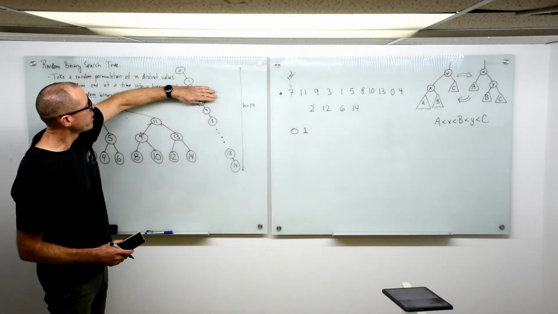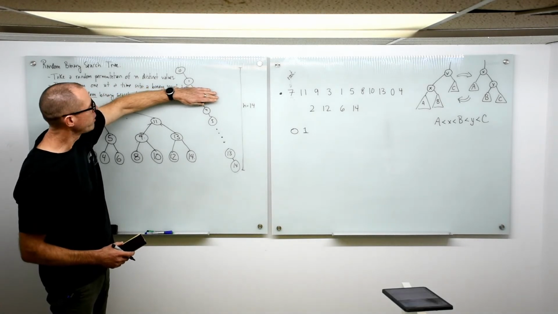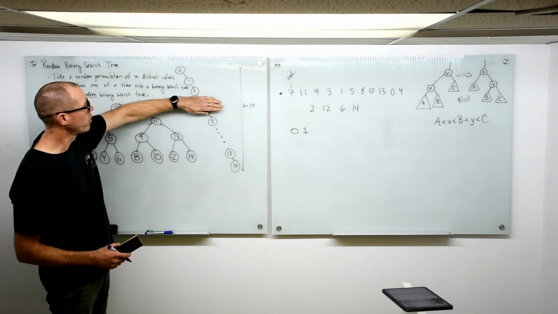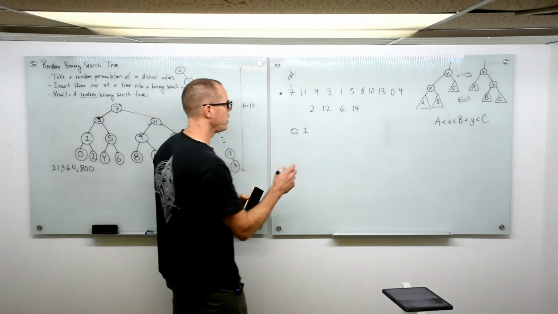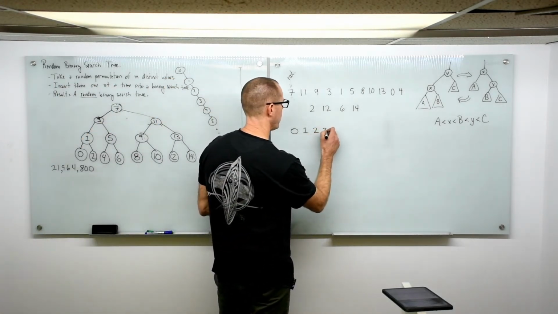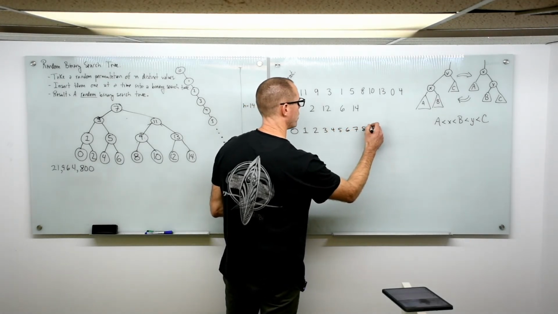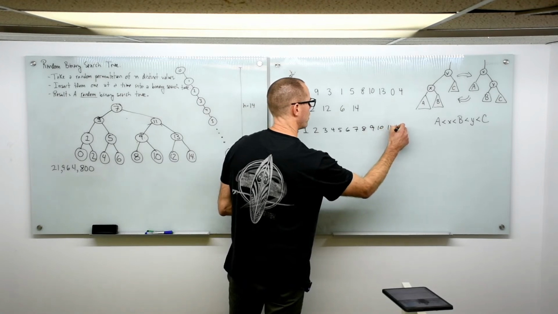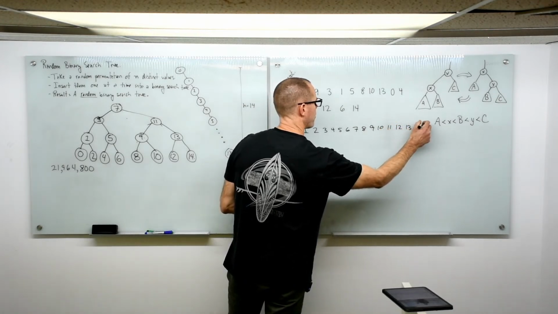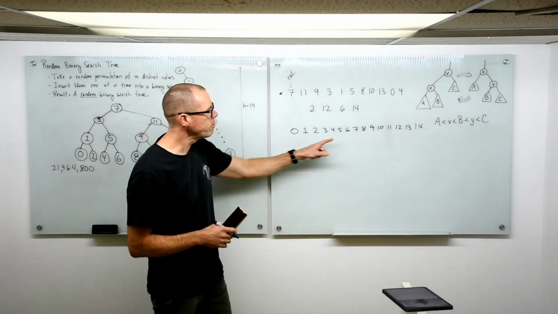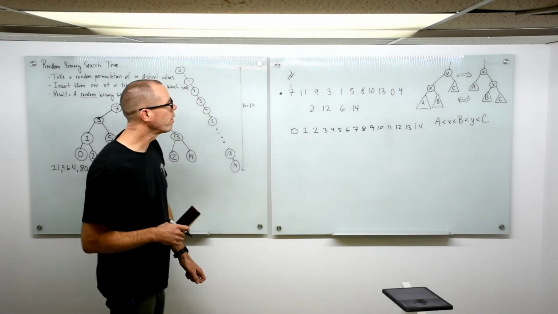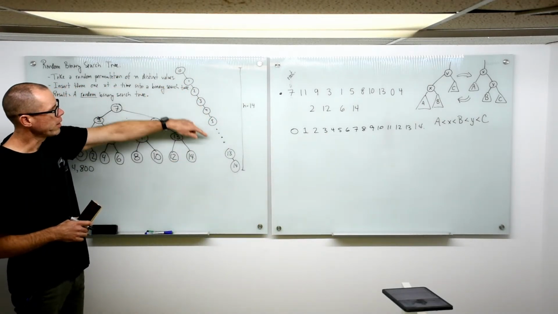And now we have this tree that has 0 and 1. And the only thing that's left to attach to this tree at this point is a 2. And so you see that if I want to make that tree, then the permutation that I have to use is this one. It has to be the elements in sorted order. That's the only way that I can make this tree.